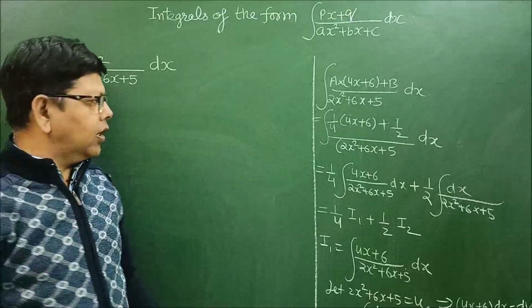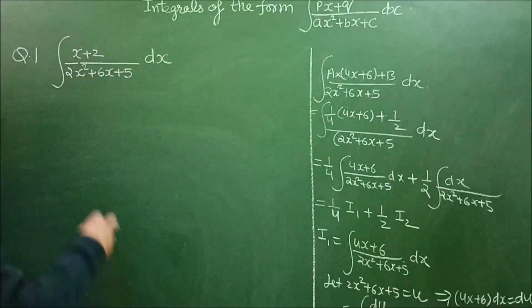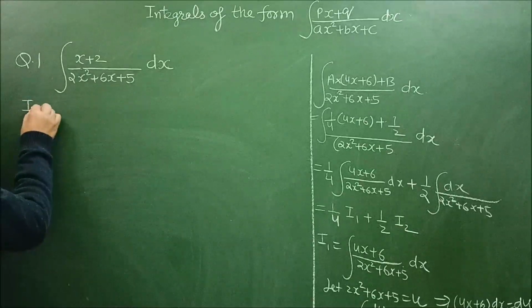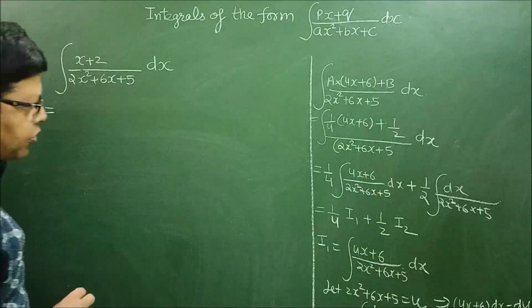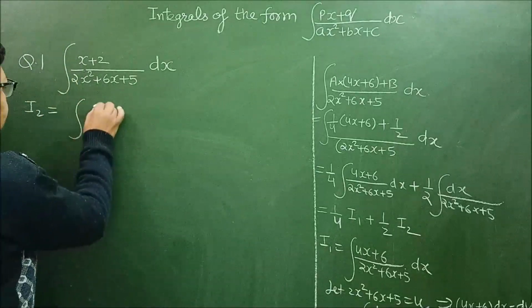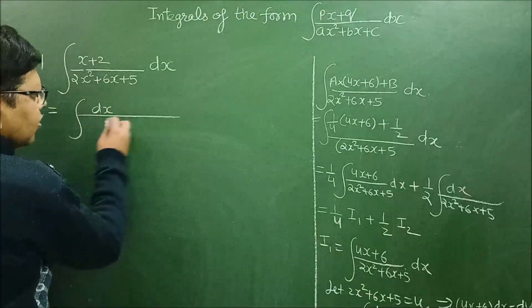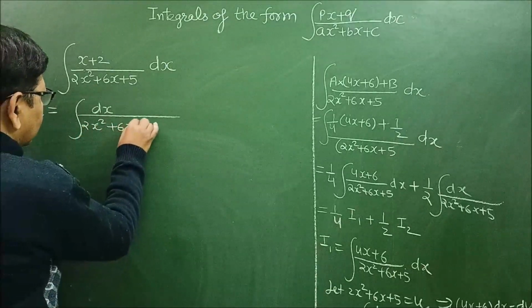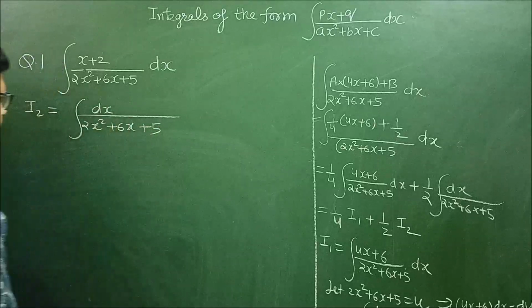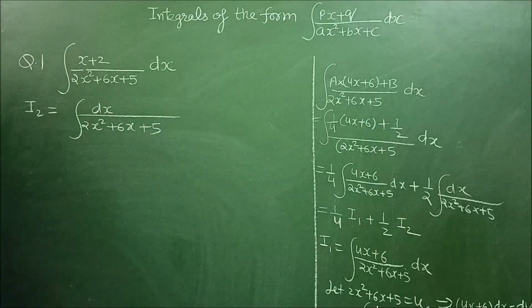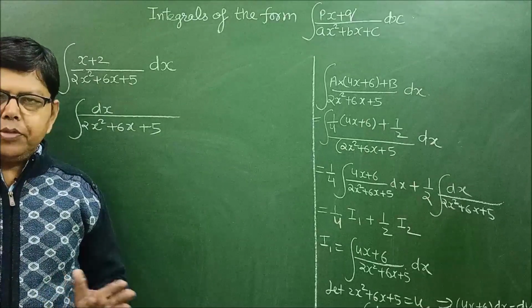Now let us solve the second integral I2. I2 is equal to the integral of dx upon (2x² + 6x + 5). This type of form we have done previously.